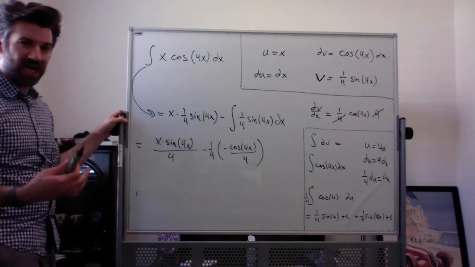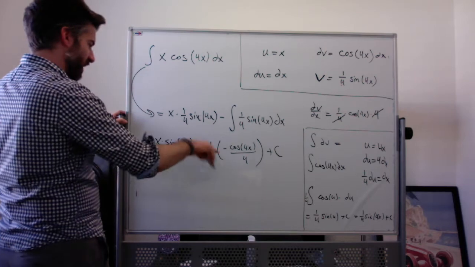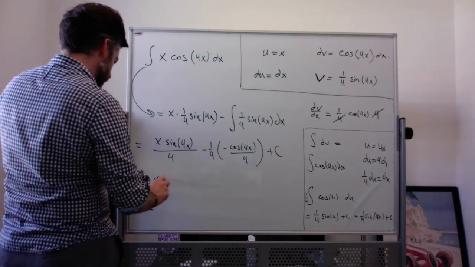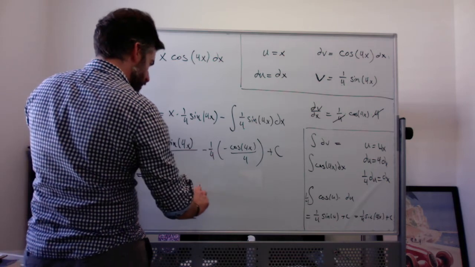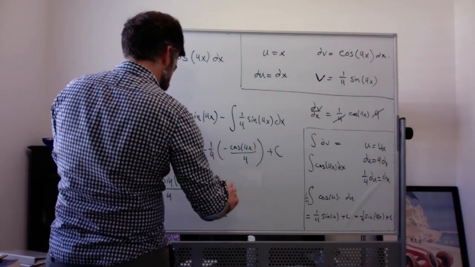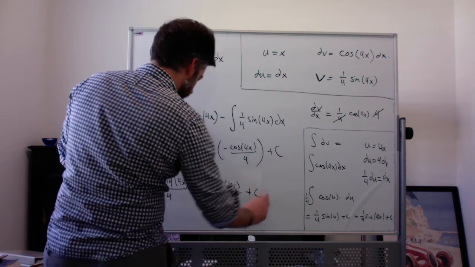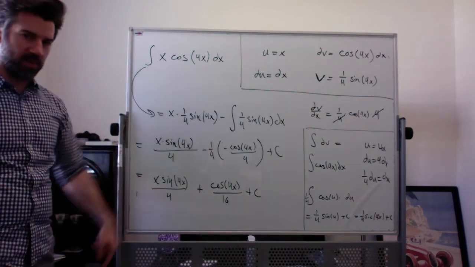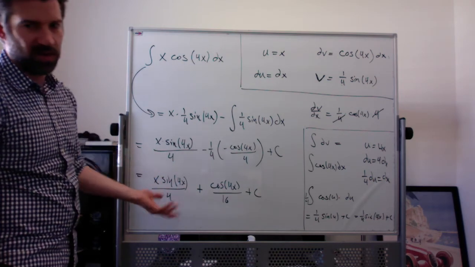So we're just undoing the chain rule in a very small way. And then finally I would simplify and get x sine of 4x all over 4 plus cosine of 4x all over 16 plus c. I don't think it's necessary to get the common denominator here and write it as 4x sine of 4x plus cosine of 4x all over 16, but you could if you want.